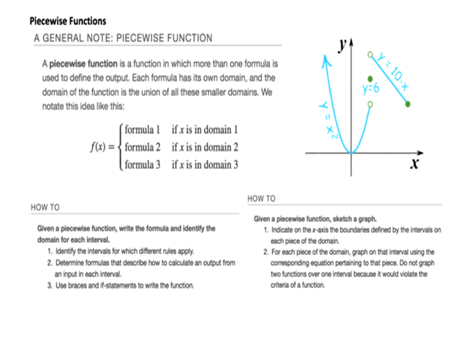Okay, so we also have these things called piecewise functions. A piecewise function is when you have a function that uses different formulas for different pieces of its domain. So it's literally, that's why it's called piecewise, because it's a function that's going to end up showing up in pieces.